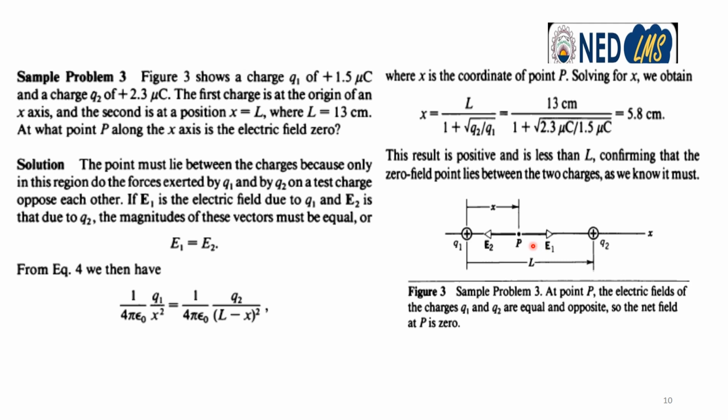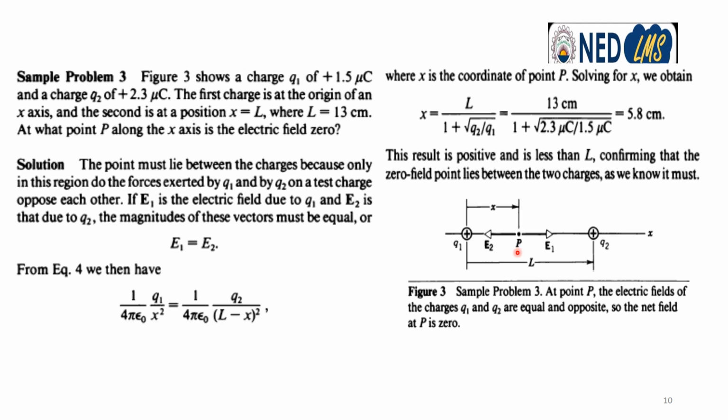Okay, so both charges repel each other, and the directions of the electric fields will be opposite to each other. So there must be a point where the electric field will be 0.